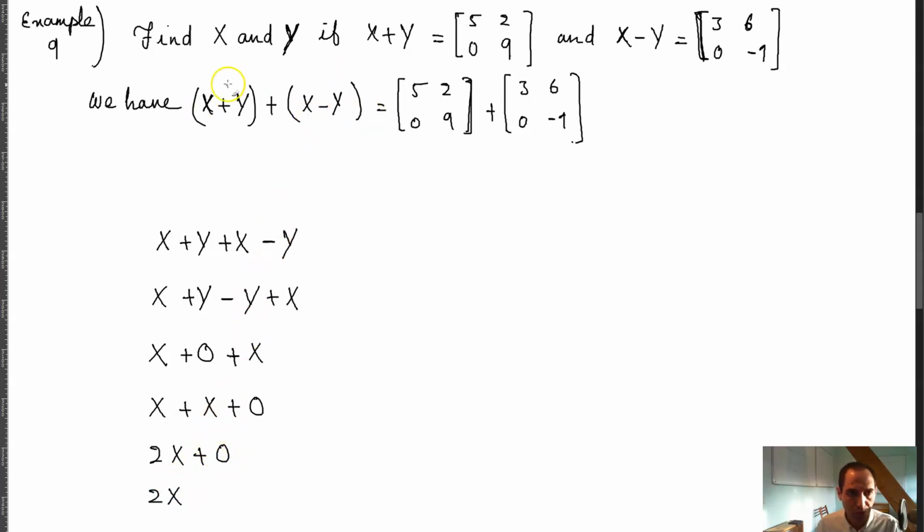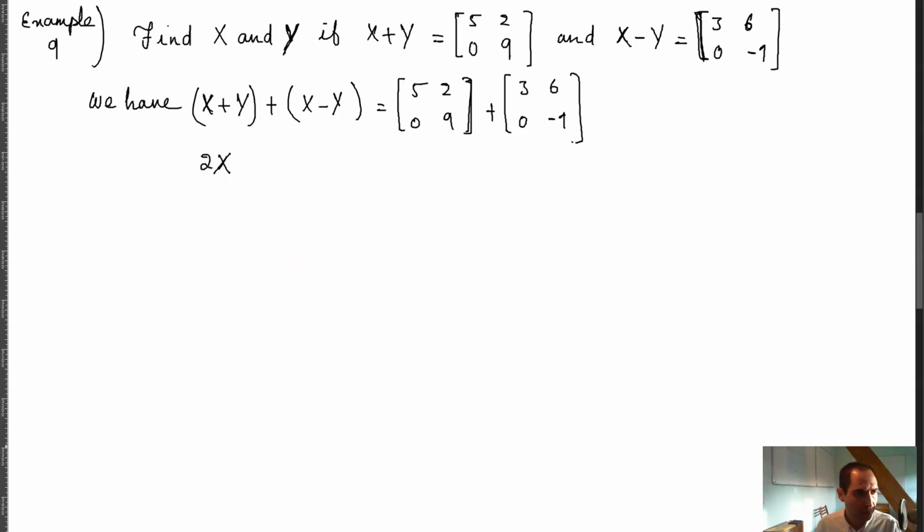So this whole thing over here, I can write it as 2x. And then these two matrices added together will give me 5 plus 3 is equal to 8, 2 plus 6 is equal to 8, that is 0, and that is an 8, right?